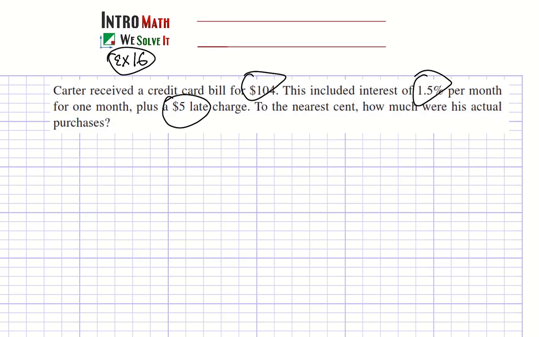So don't be scared. Let's go. This is the way we're going to proceed. We're going to say let x be the price of whatever he bought, the product.